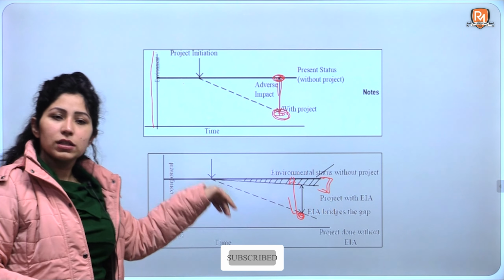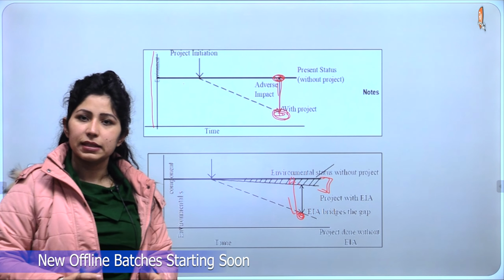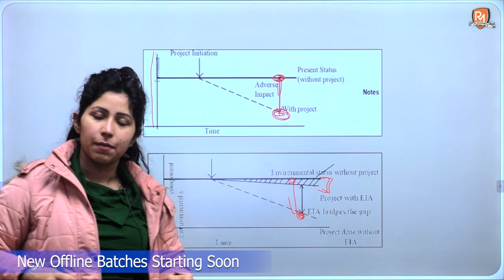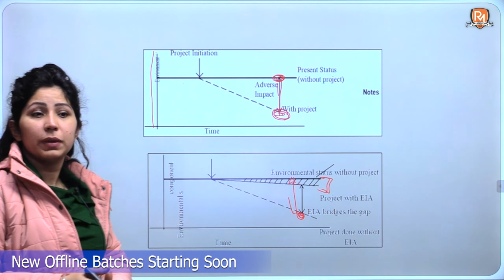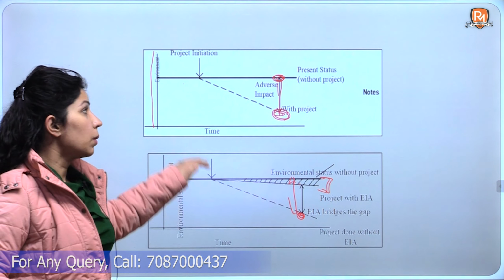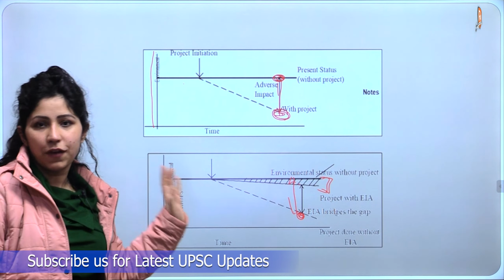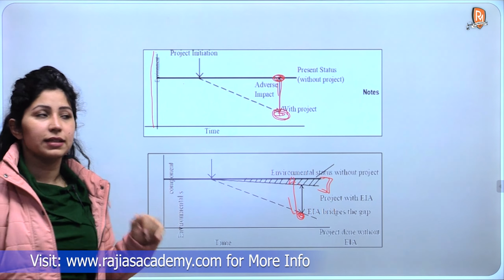Okay, so loss will be there, some degradation of the environment will be there. If we are building something new, if we are humanly building something, of course there would be degradation, but with environmental impact assessment this can be reduced to a very great extent. Make sure that you use this diagram in your environment questions. Try to understand this and make the right diagram when you sit for the exam.